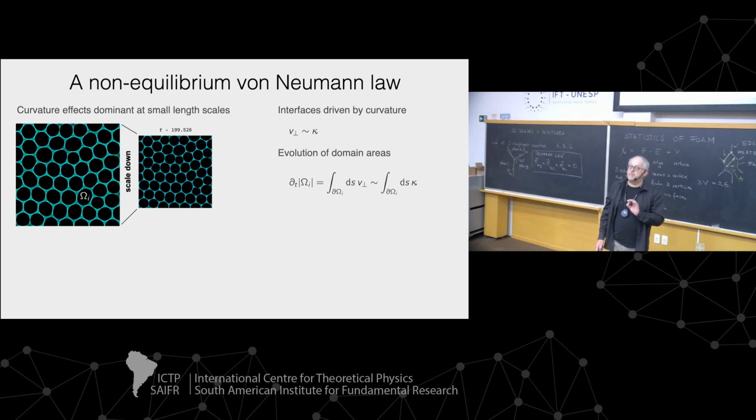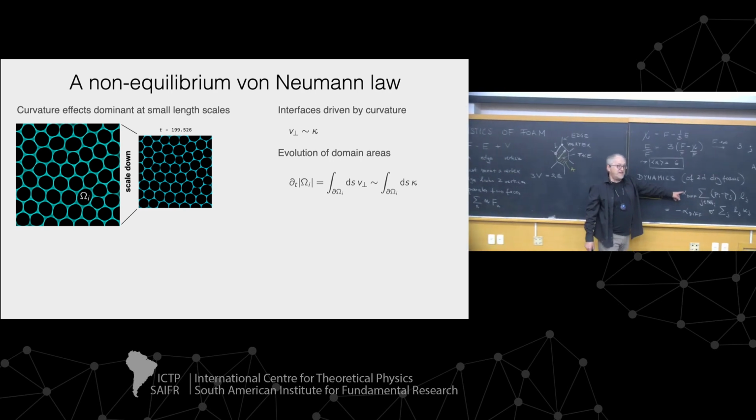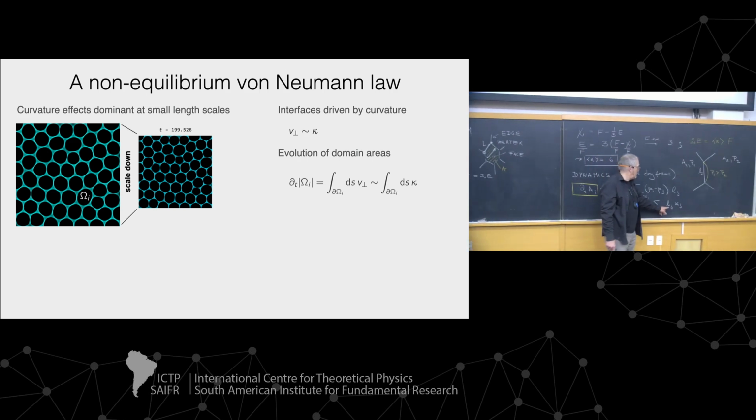But it should be no surprise that this obeys von Neumann's law. What did I tell you? Once you have a surface tension, wherever this comes from, I do not need to specify from this point on where the surface tension comes from and where the laws connecting it with curvature come from. All I need is that I have a flow, in von Neumann's law, that's proportional to curvature. That's all I need.